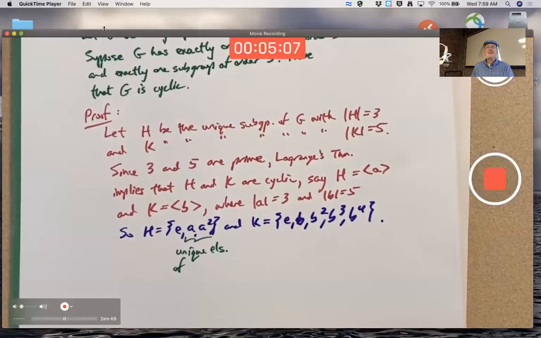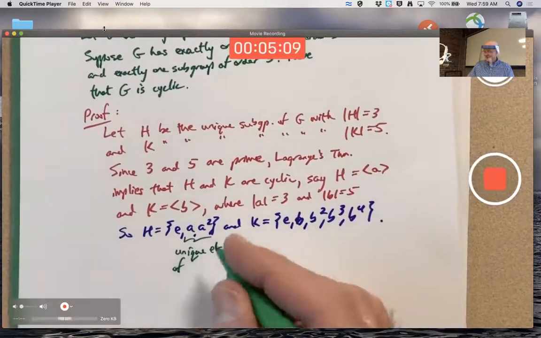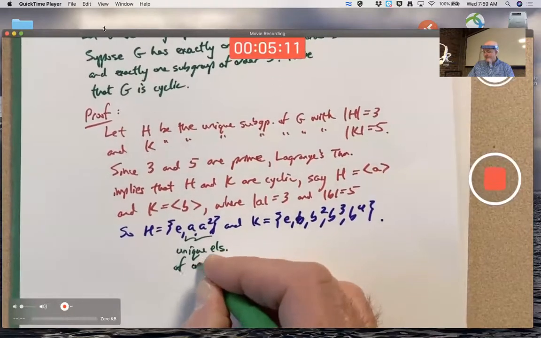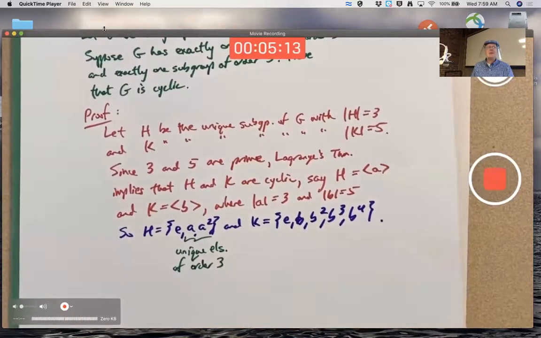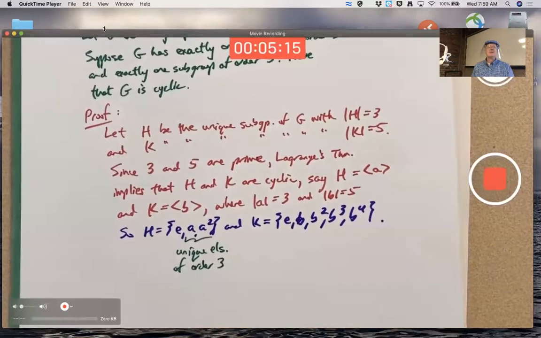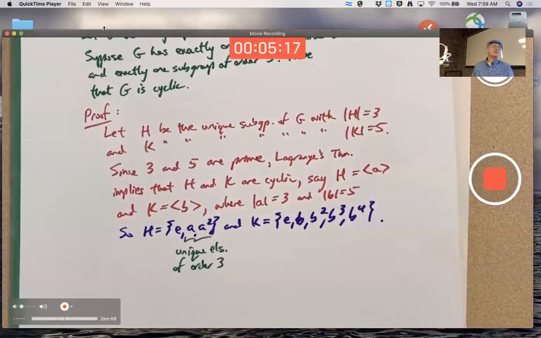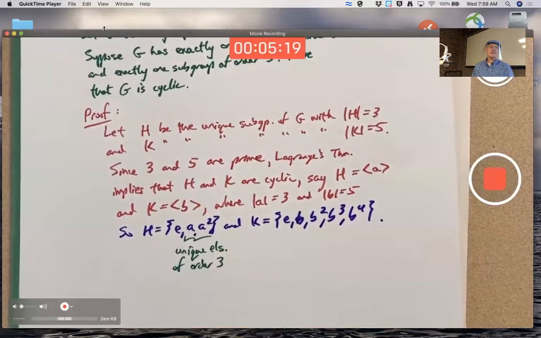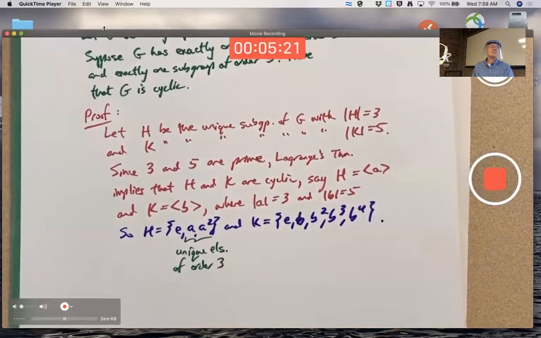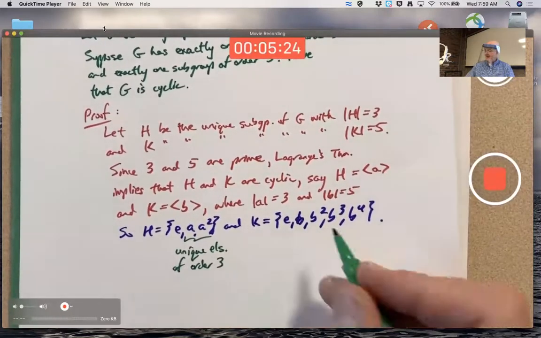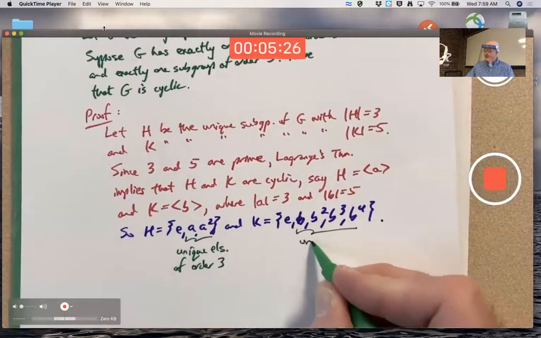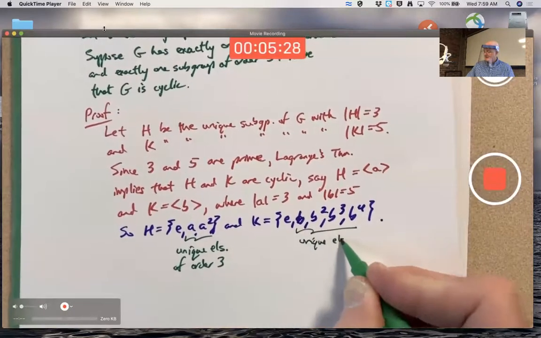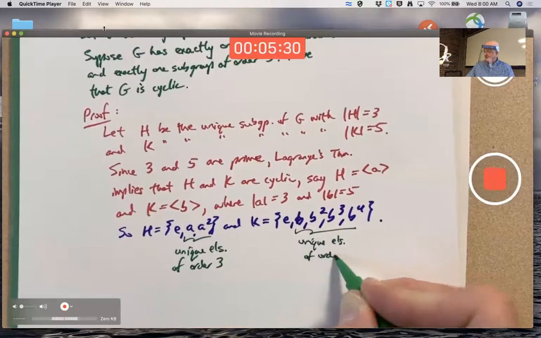Nobody wants to say? The unique elements of order 3. Any other element of order 3 not in that list would generate another cyclic subgroup of order 3, and there isn't one by assumption. And likewise, these would be the unique elements of order 5.